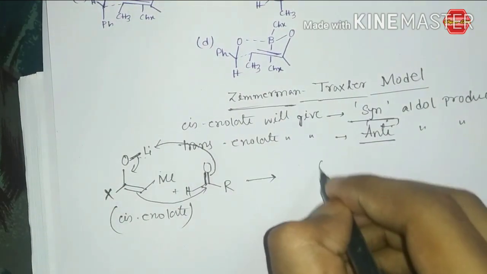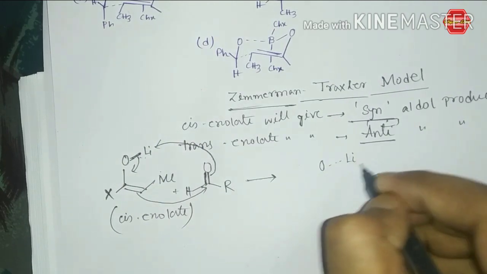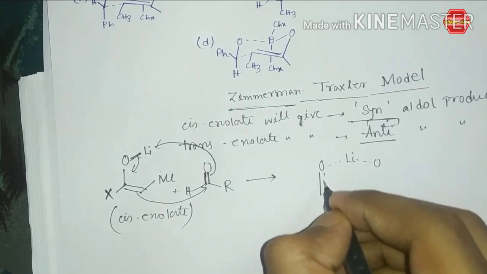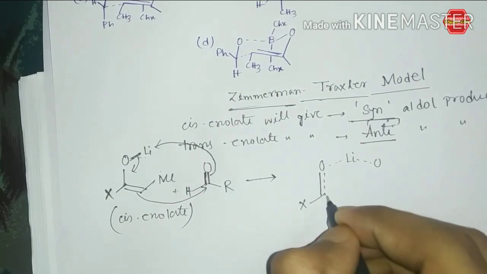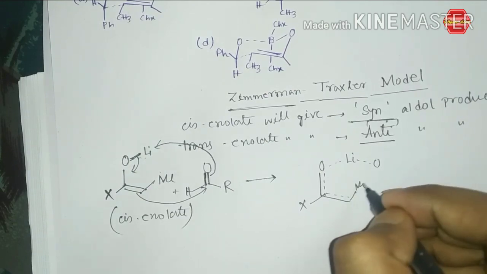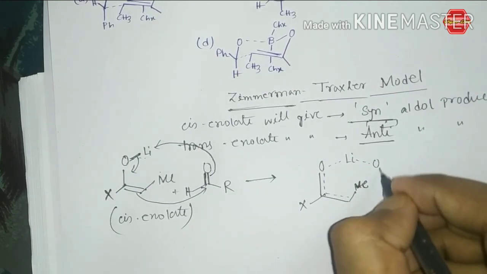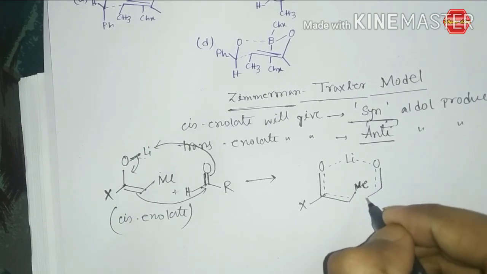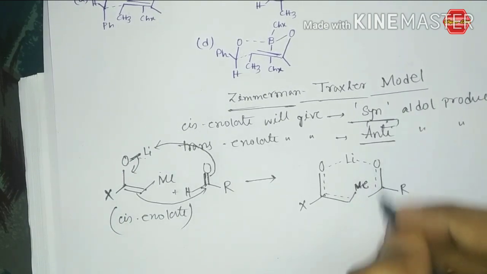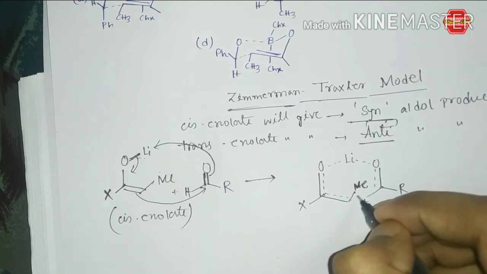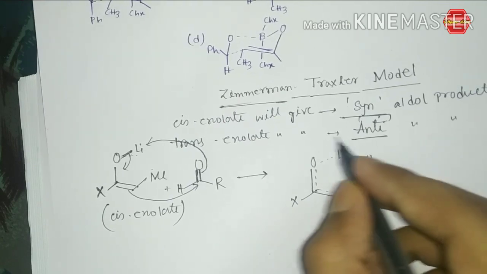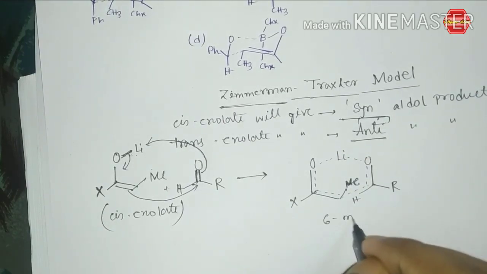If you write the structure this way, you see there is a 6-membered cyclic transition state.